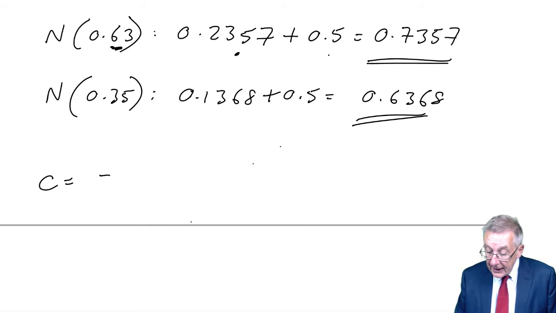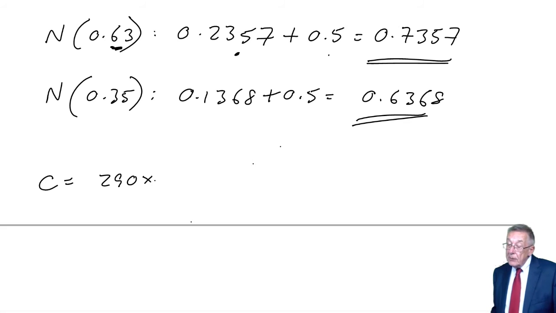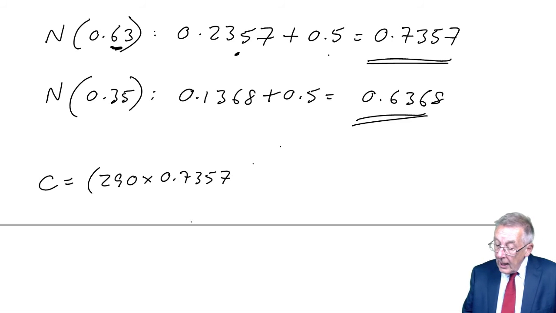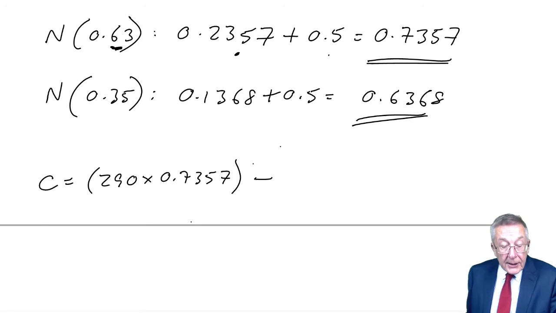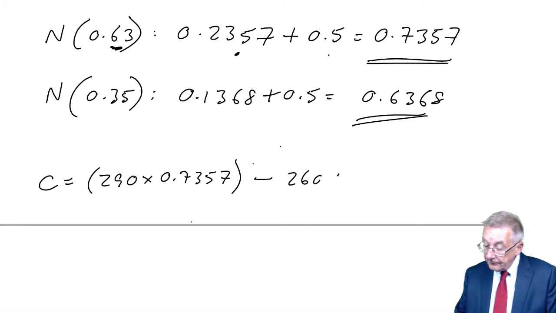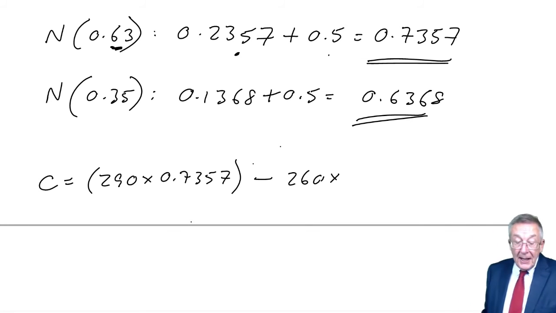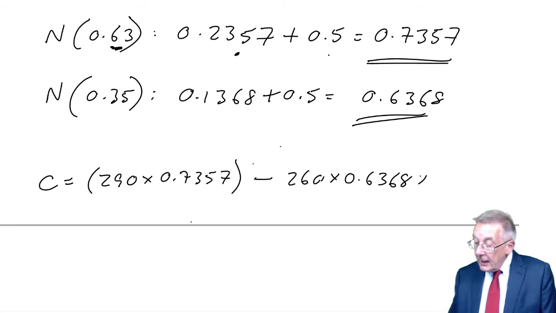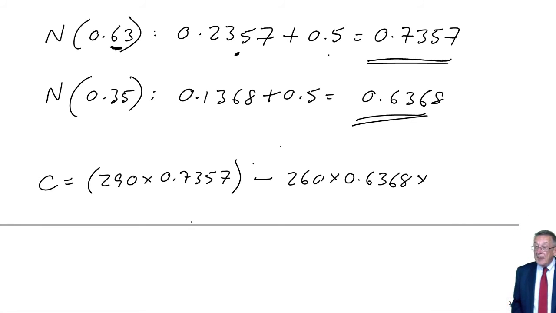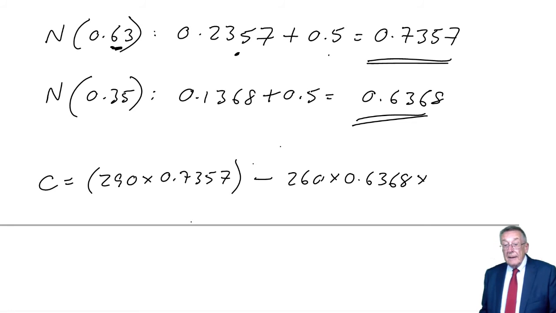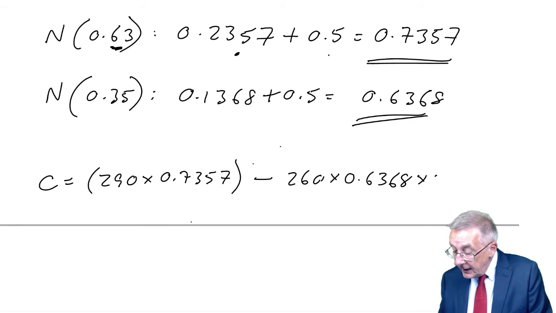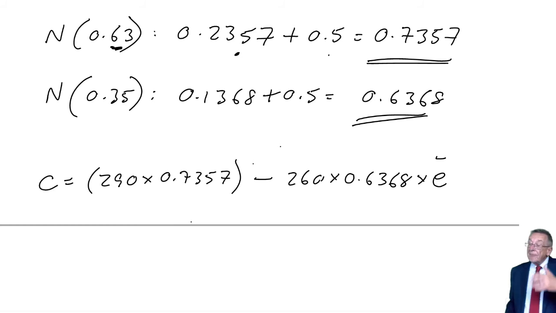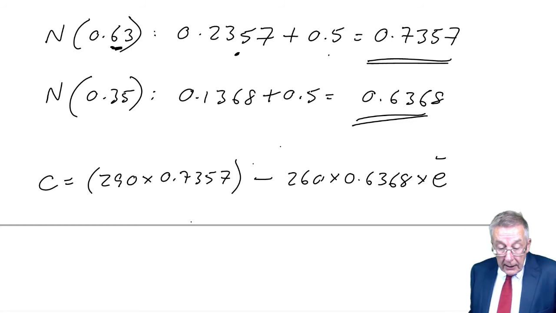The current share price was 290, times N(D1), 0.7357, minus PE, the exercise price, which was 260, times N(D2), 0.6368, times, now here's the last messy bit, E, which is a constant, as I said, you need an E button, to the power minus RT.